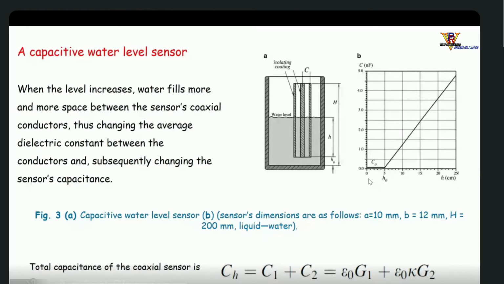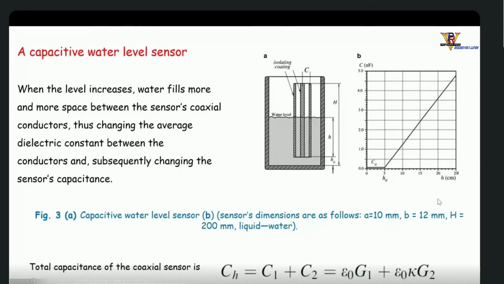Thus the average dielectric constant between the conductors changes, and subsequently the sensor's capacitance changes. So if we sense the capacitance, it will definitely change, and that will depend on the level of the water. After sensing and putting a particular threshold, we can stop filling the water in the tank or we can drain it out depending on the requirement.